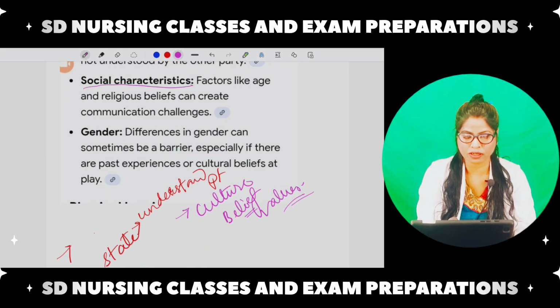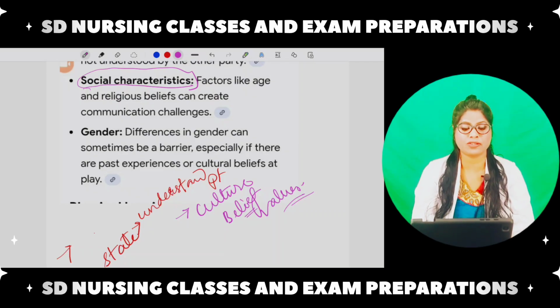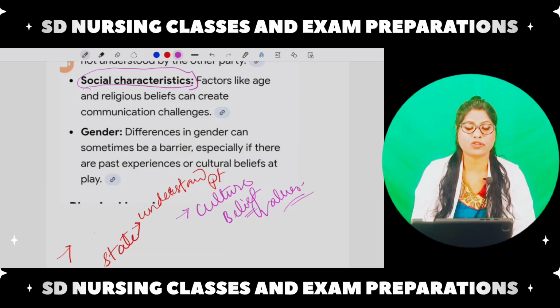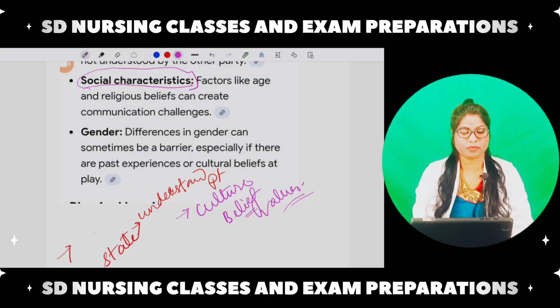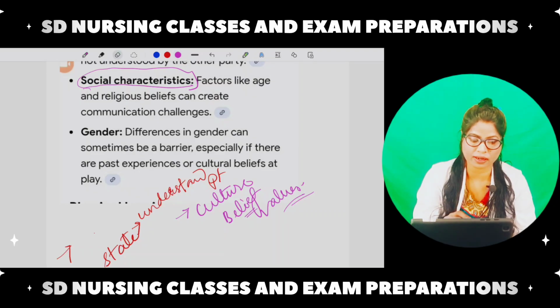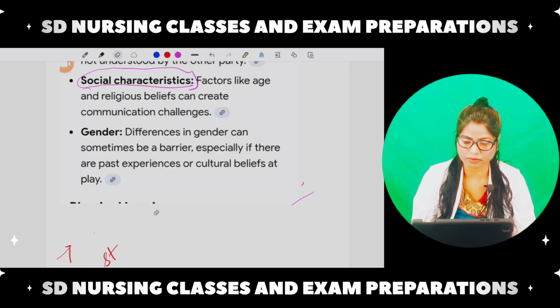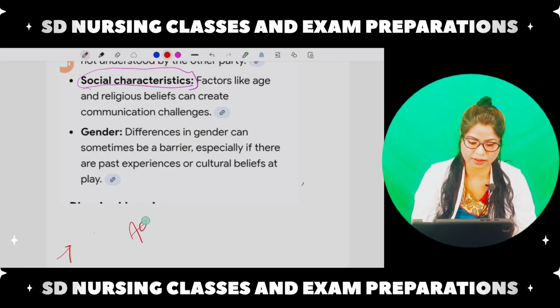Then second is what? Social characteristic. Social characteristic means factors like age and religious belief can create communication challenges. Yes, many times we face this in hospital.